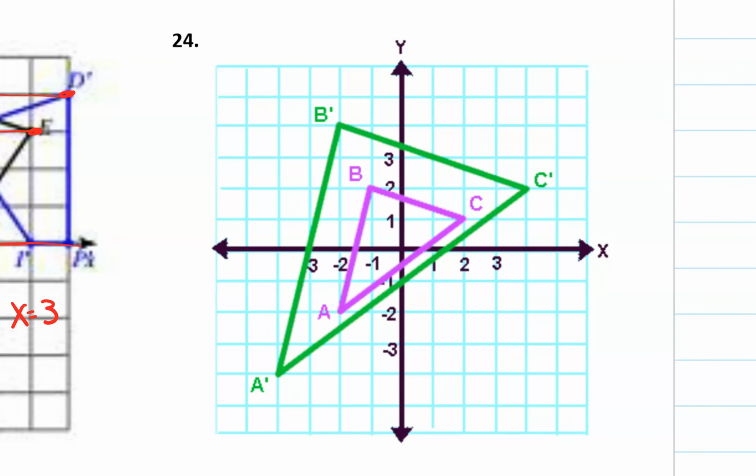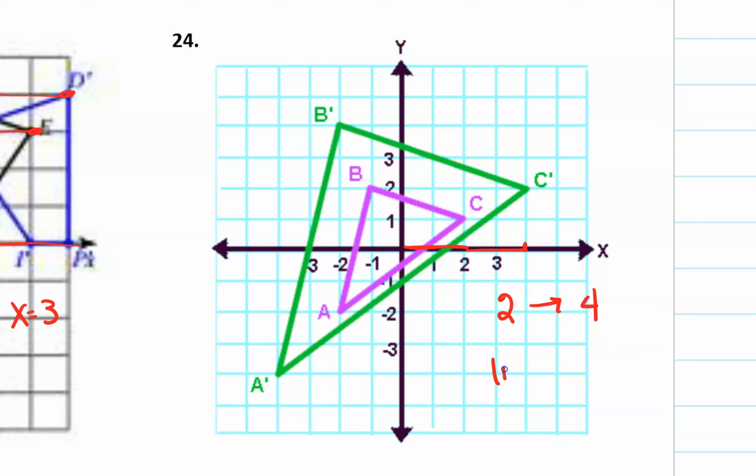It's getting bigger. So I really only need one coordinate because it should be consistent. So I'm going to take this x value. C is 2 away, and then it becomes 4 away. So we went from 2 to 4. So how do we find out what that scale factor is?